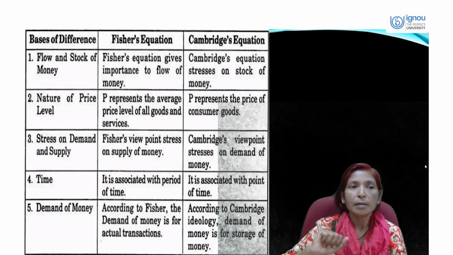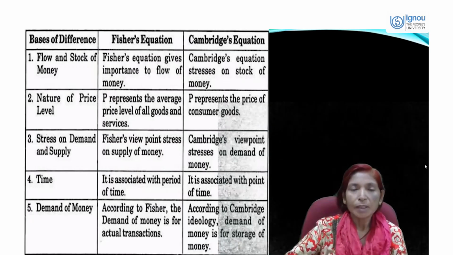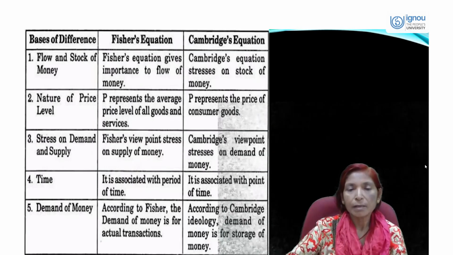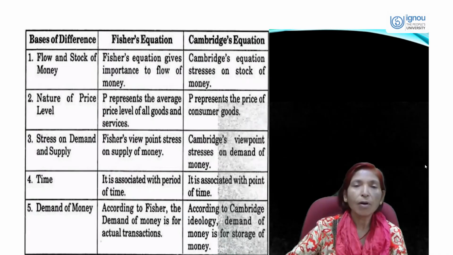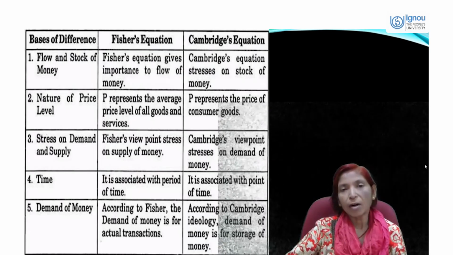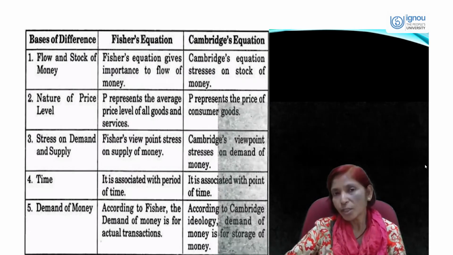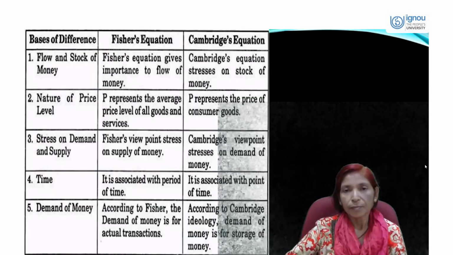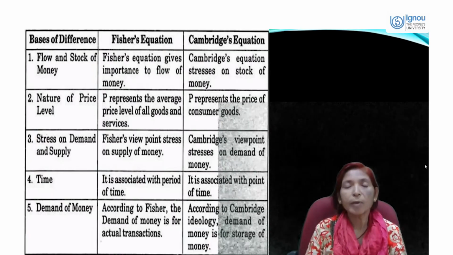Next is price level. According to Fisher's equation, P represents the average or general price of all goods and services. And according to the Cambridge University equation, P represents the price of only consumer goods, not the prices of all commodities.